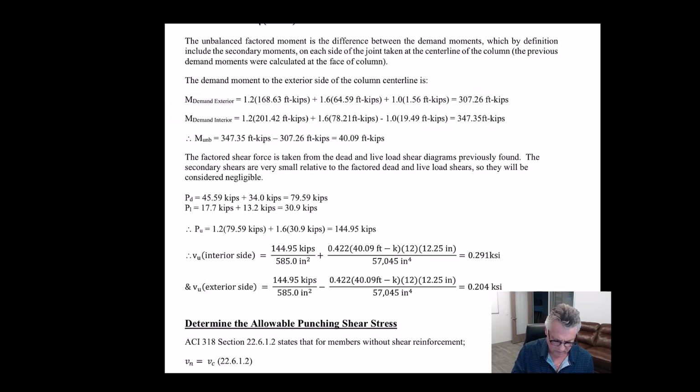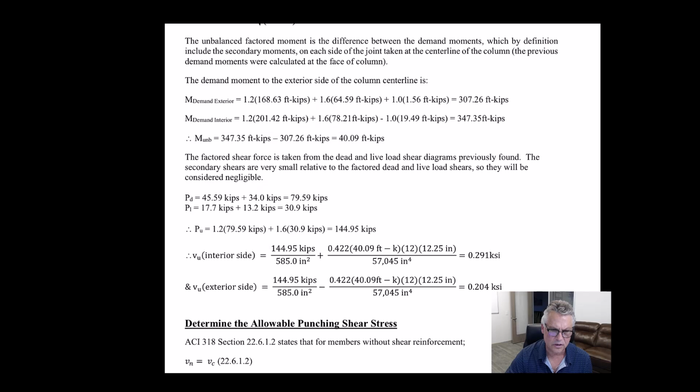So we're looking at the direct load, the PU value, just the direct shear force, from dead and live loads. We come up with 79.59 kips dead load and 30.9 live load, and come up with just a PU factor. That's going in the direct shear calculation. Remember, we have two shear components.